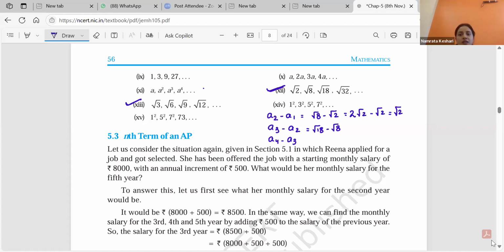Even if the number is not a perfect square, you were doing the prime factorization, and whatever was in pair, you were taking it out. So here also we are doing the same thing. Root 18 can be written as 2 into 3 into 3. You will get a pair of 3, so 3 will come out and 2 will stay inside the root. Root 18 can be written as 3 root 2. Getting it?